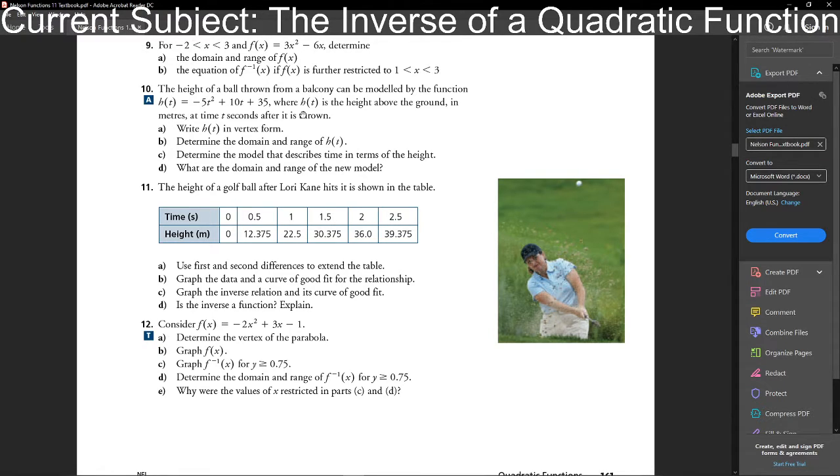Determine the domain and range of f of x. Interesting, so this isn't vertex form anymore. Our x is already there for us, and I guess our y would be not when x is equal to 0.